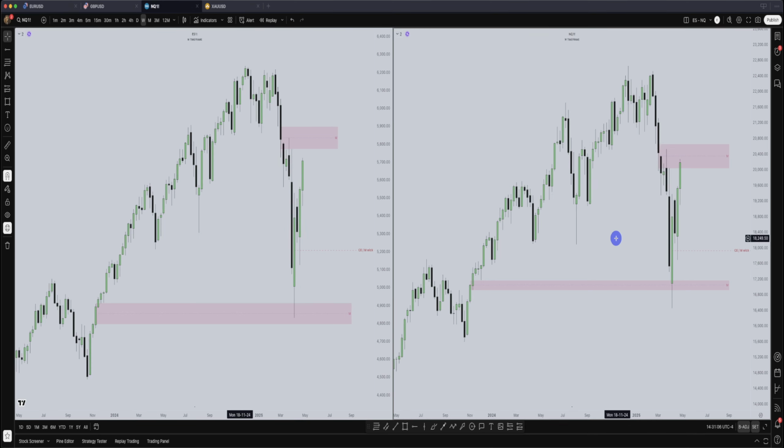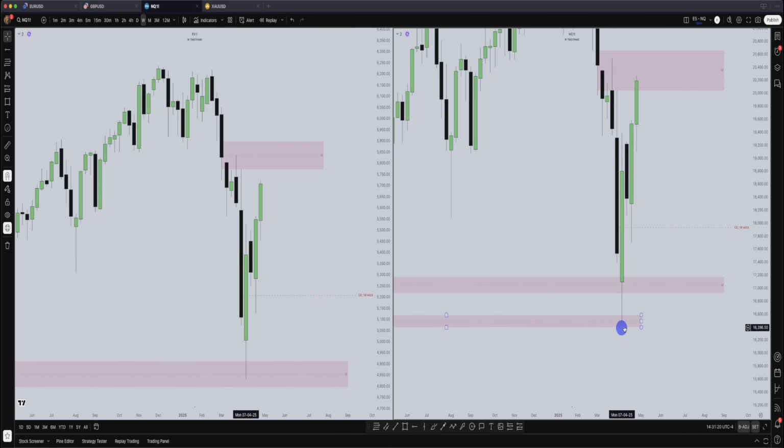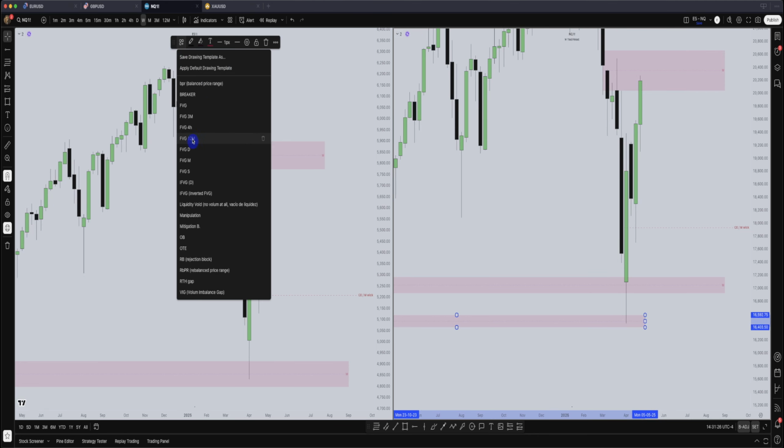Look how beautiful this is. We have a weekly fair value gap here. Consequent encroachment. Look how beautiful. This is a weekly fair value gap.